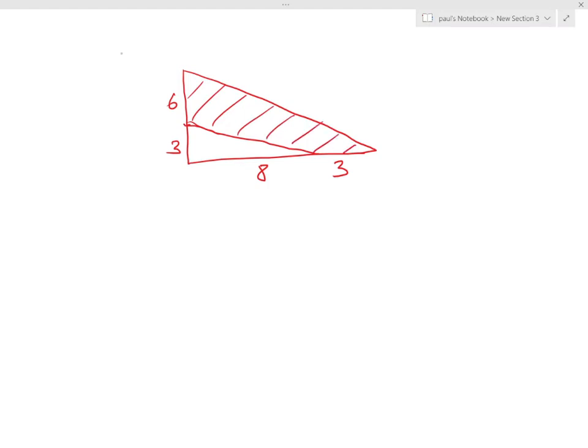Now, this is one triangle inside another. So if we find the area of the large triangle and subtract the area of the small triangle, we'll find out what the area of this bit is up there. So the large triangle is half base height, which equals half times 11 times 9, which is half of 99 is 49.5.